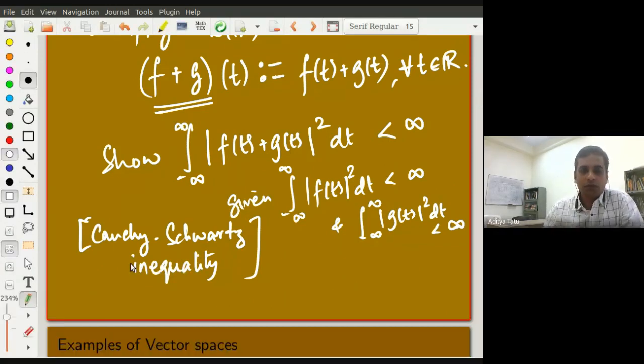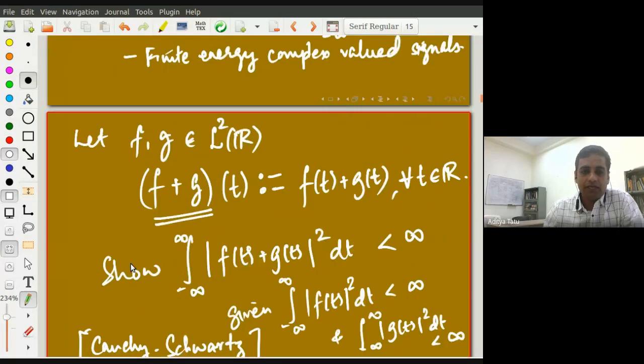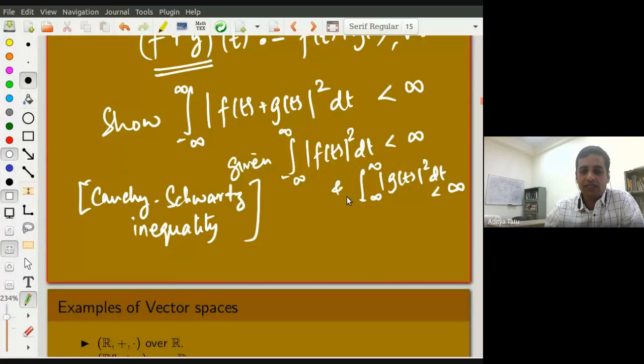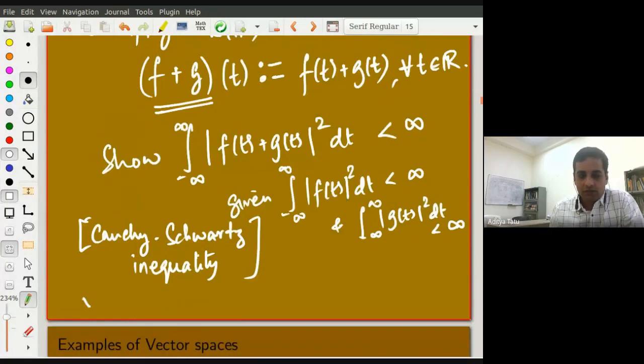But for the time being, just assume that the way we have defined this vector space addition, and of course the scalar multiplication is defined this way.